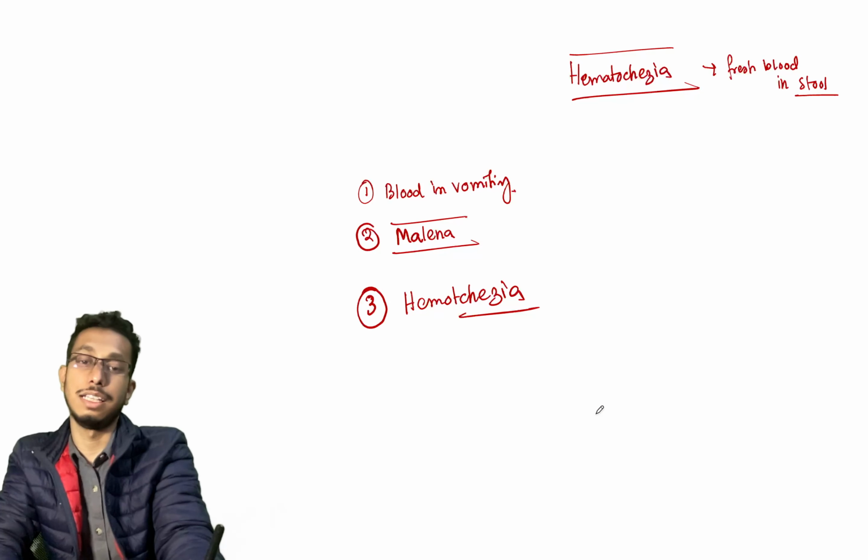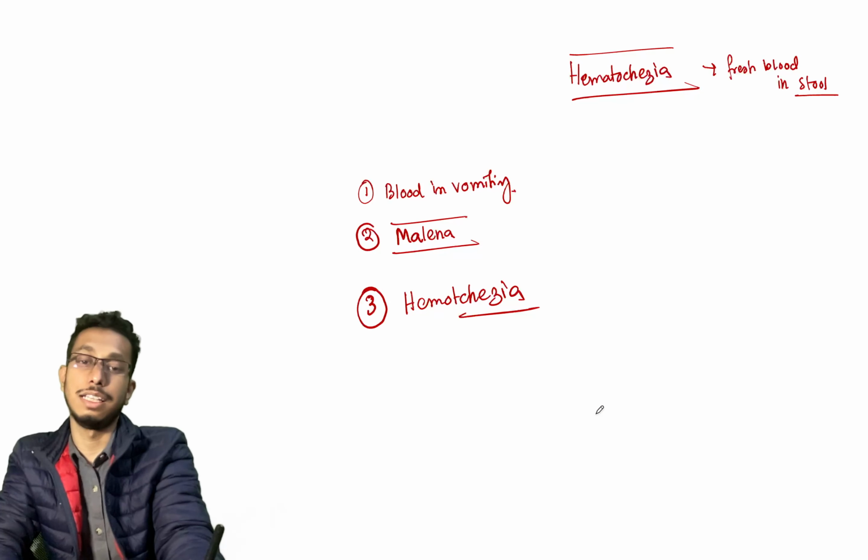Now once you know these are the presentations of upper GI bleed and someone comes to you, you need to triage to identify where to admit, whether to admit at all or go for OPD based treatment, or whether ward management or ICU based management is required.